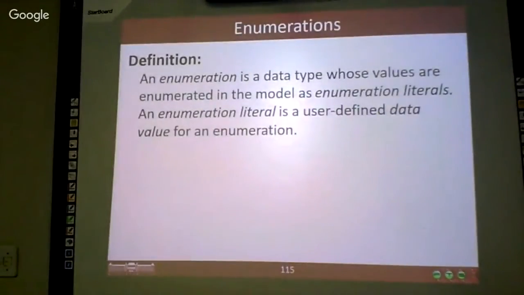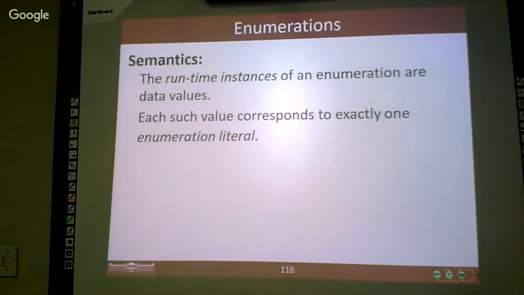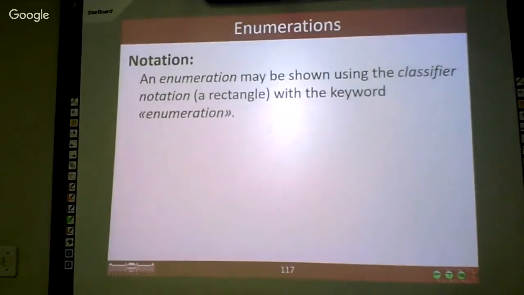And we also have to formally specify enumerations. An enumeration is a data type whose values are enumerated in the model as enumeration literals. And an enumeration literal is a user-defined data value for an enumeration. The semantics is that the runtime instances of an enumeration are the data values, and each such value corresponds to exactly one enumeration literal.